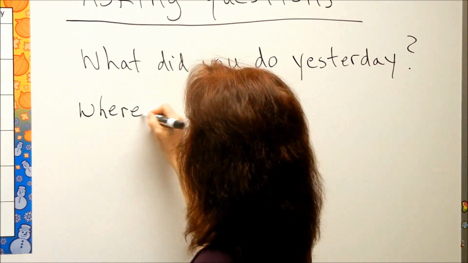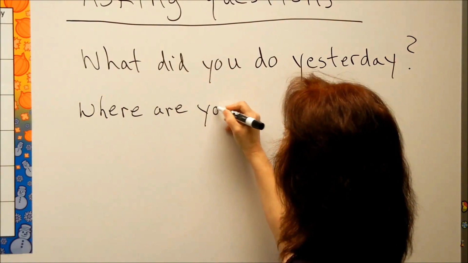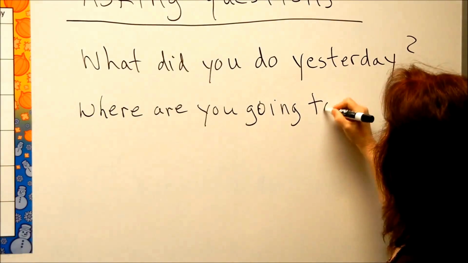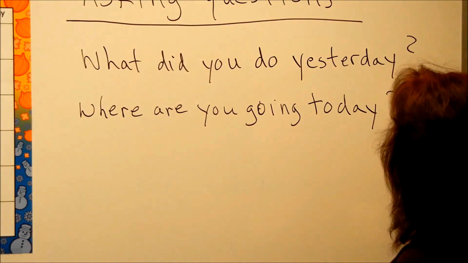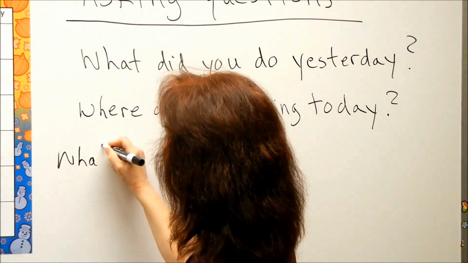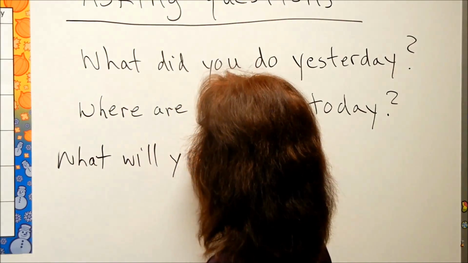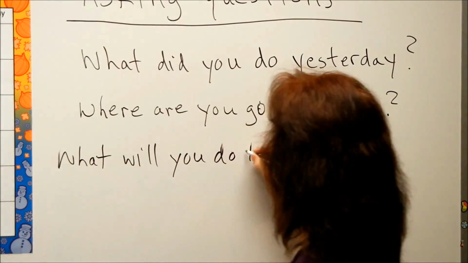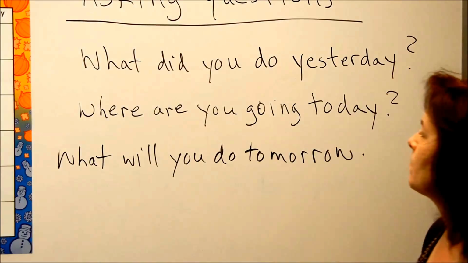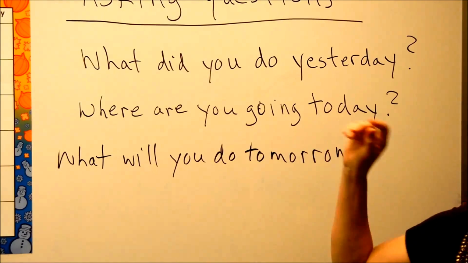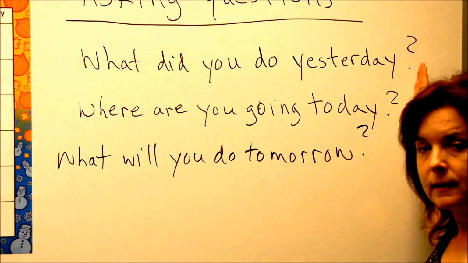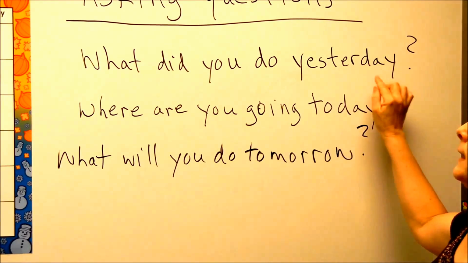Where are you going today? Or what will you do tomorrow? Okay? So you use those words that talk about the time at the end of your sentence. What did you do yesterday?